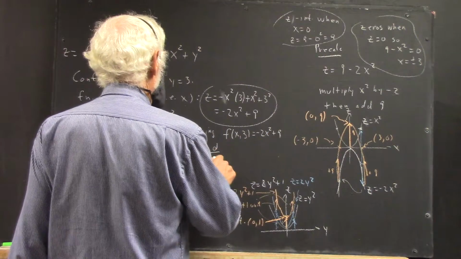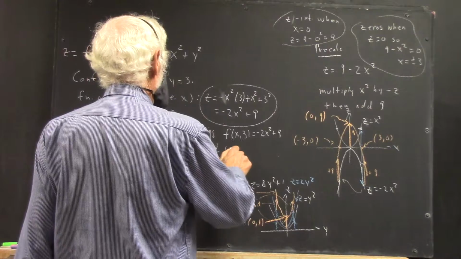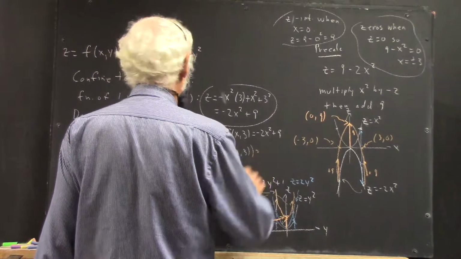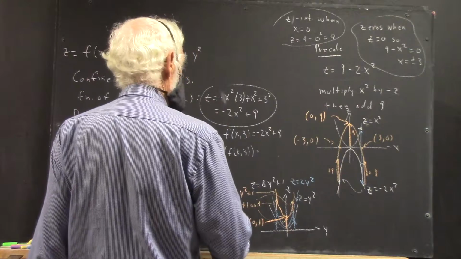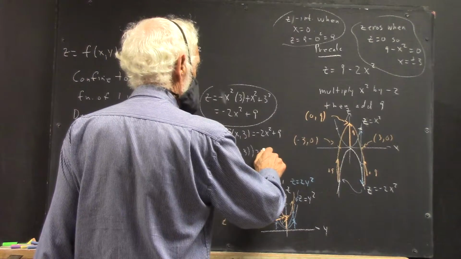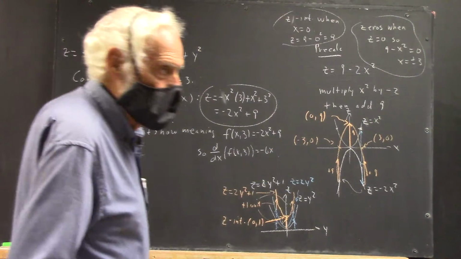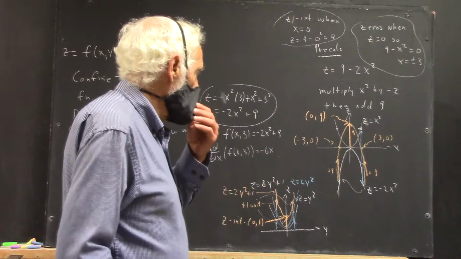So the derivative with respect to x of f of x, 3 is what? Negative 4x. And that's straightforward. Everybody do that derivative in their head quickly.